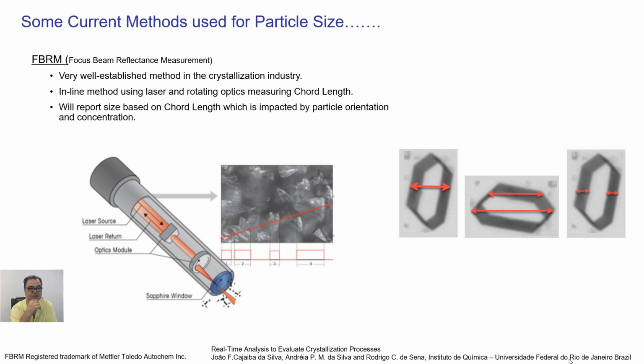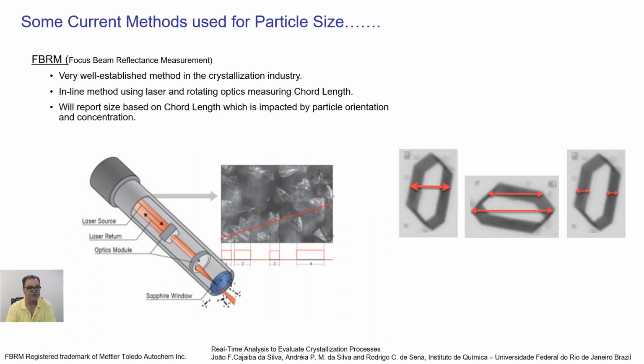Another very common method, especially for the crystallization industry, is what's called FBRM. And FBRM is an inline probe. It is used quite a bit for the pharmaceutical industry. And what the inline probe does with a rotating optics component, it will give you a chord length of particles.